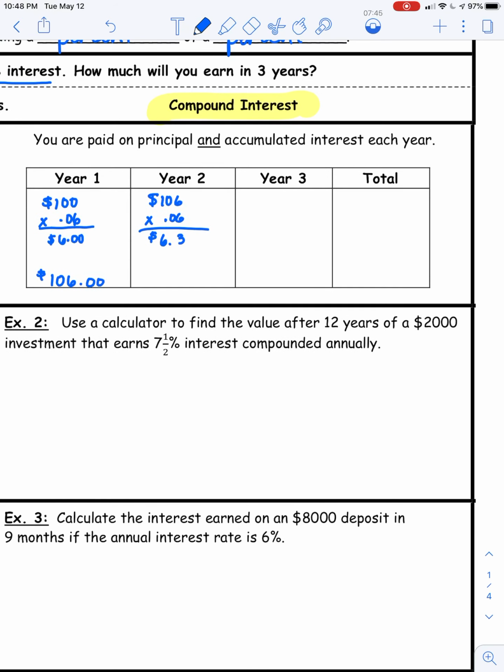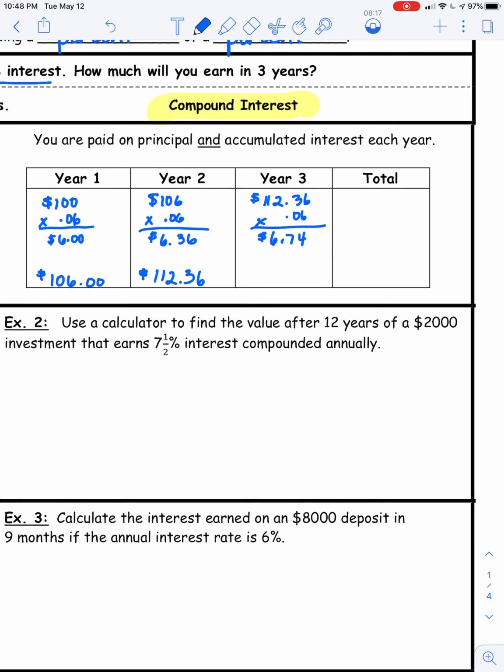After year 2, you're going to earn $6.36. You had $106 in there, you just earned $6.36 more, and now your balance at the end of year 2 is $112.36. Year 3, they're going to now pay you on your new balance, which was your principal and all your accumulated interest. So now they're going to pay you 6% on your $112.36.